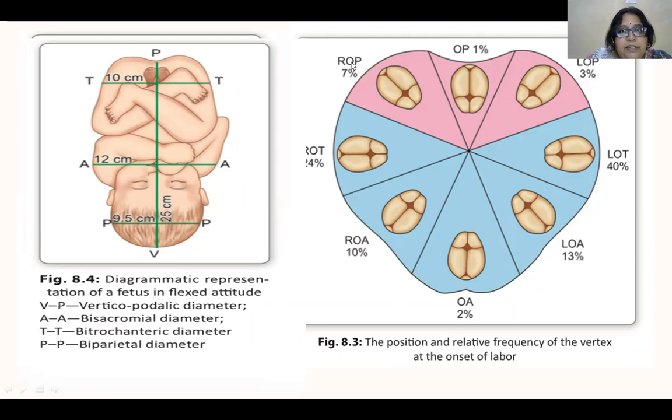And even right occipito-posterior and left occipito-posterior, when the occiput is present on the sacroiliac joint. If it is present on the right sacroiliac joint, it is right occipito-posterior. If it is on the left sacroiliac joint, it is left occipito-posterior position. And if the occiput is transverse, it is the transverse position. So this is the importance of position.